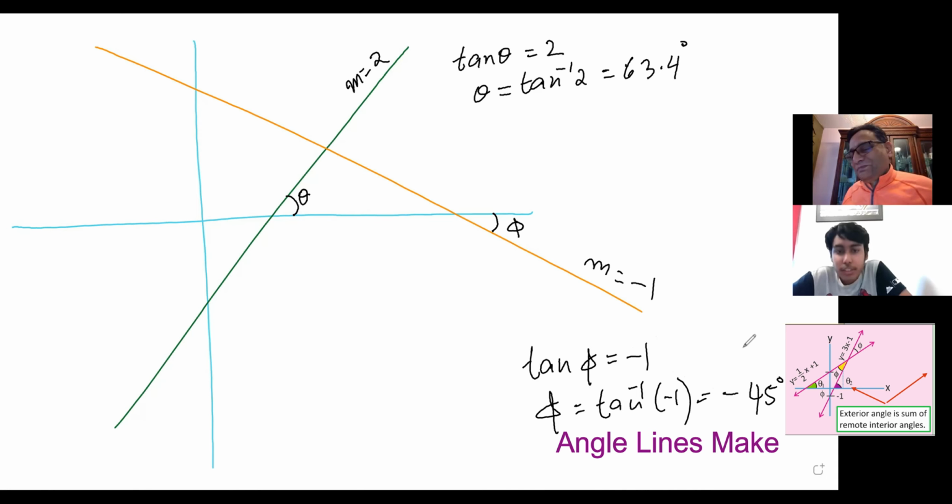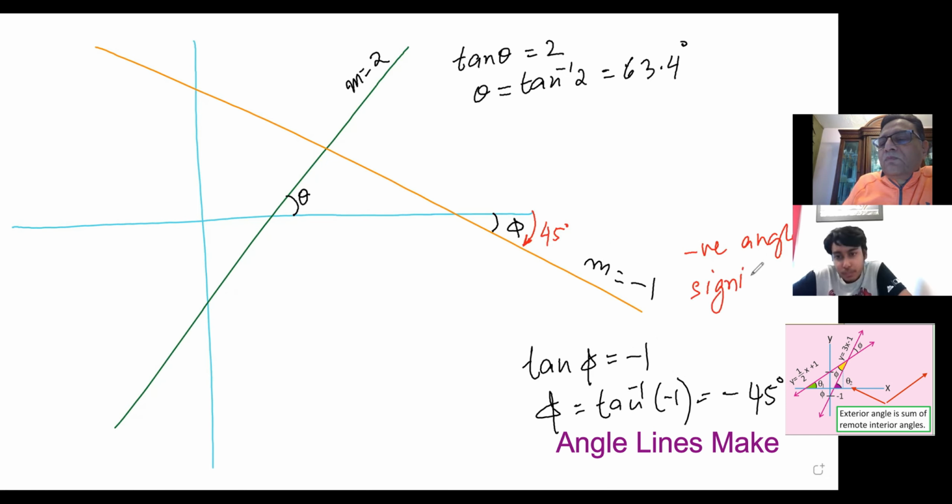Now remember one thing, what we have to note here, let me put a star here: negative 45 means clockwise direction. Clockwise 45 degrees. Do you see that? It means this. So a negative angle signifies clockwise rotation.